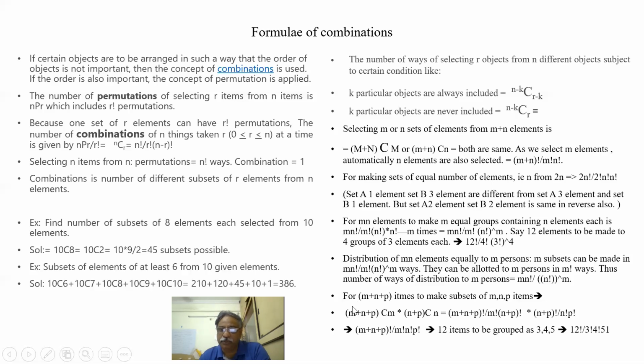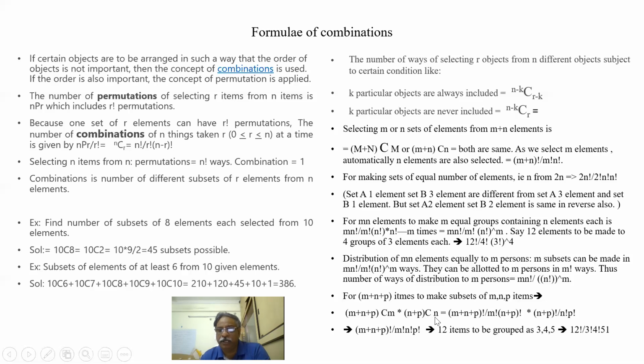Same if I continue. Suppose I have m plus n plus p items. I have to make subsets of m, n and p. Same is extended. M plus n plus p C m: I am making m items groups first. Once m items are selected, what is left is n plus p.